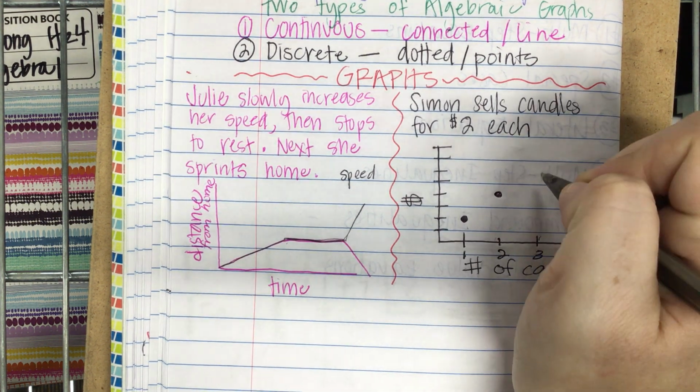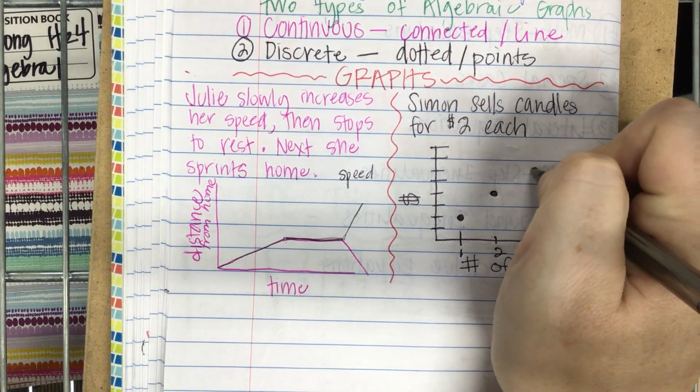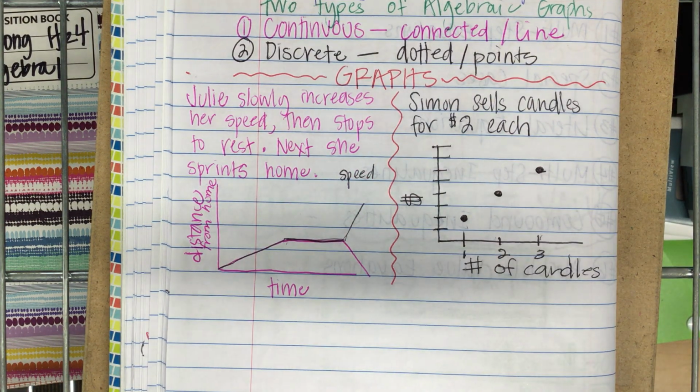Okay. If I went up to Simon at his little candle store and I said, "Hey Simon, I have $1.50. Can I get 1.75 candles?" No. Simon's going to say, "No, ma'am. You can get 0 candles because you do not have enough money for 1 candle."